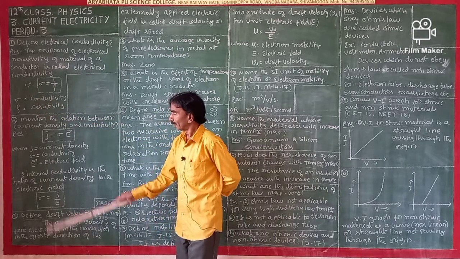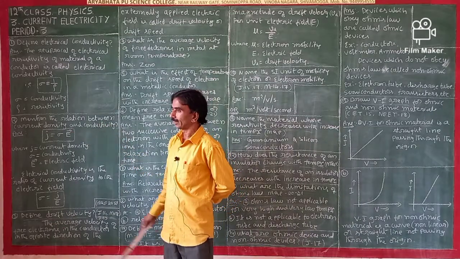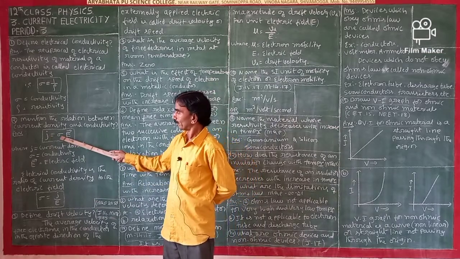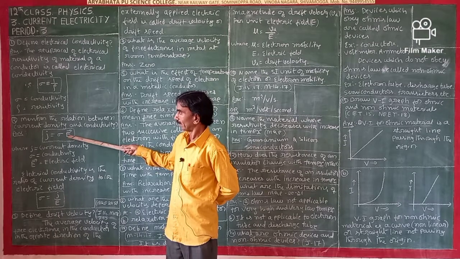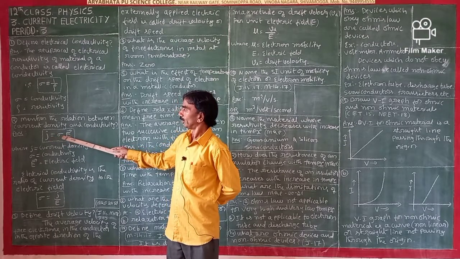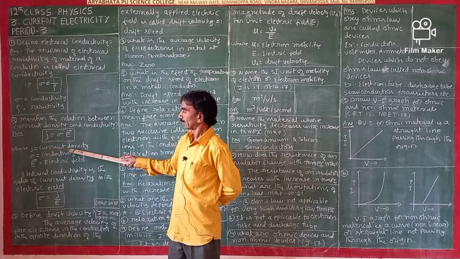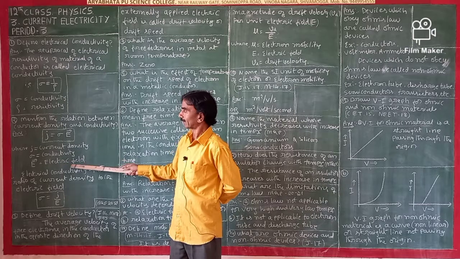Now, the relation between current density and conductivity. Current density is denoted by J, sigma is conductivity, and E is the electrical field. So J is equal to sigma E, where J is current density, sigma is conductivity, and E is the electrical field.